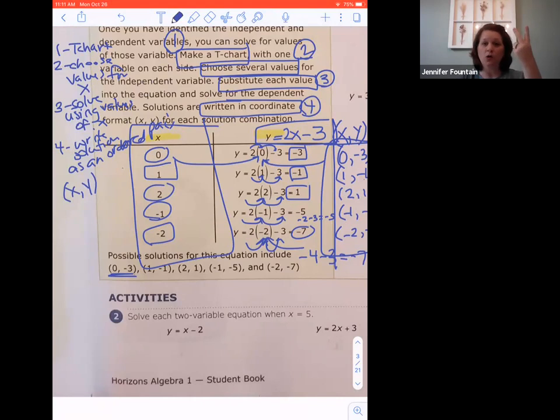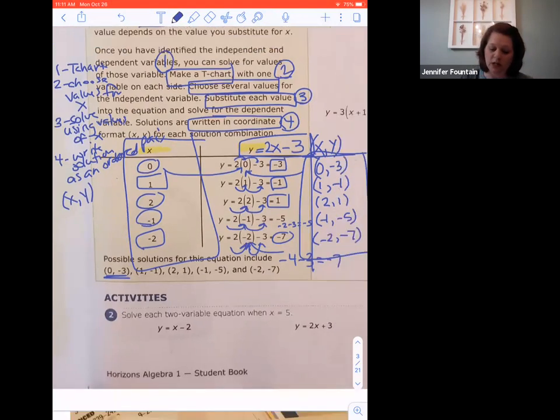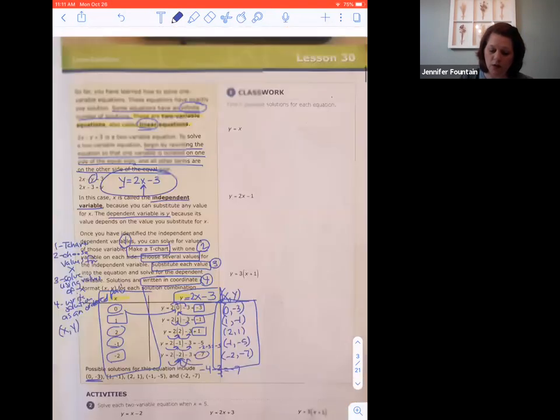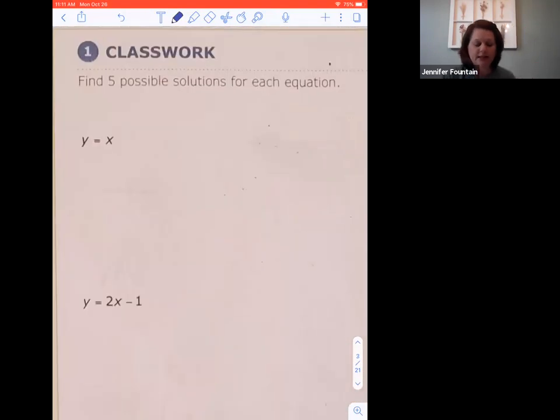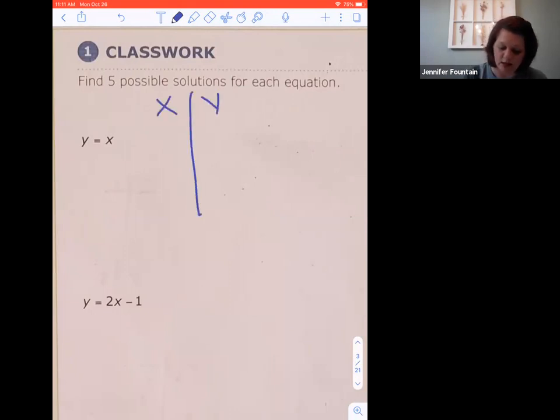So use 0, 1, 2, -1, -2. So that's what we're going to do up here. We're going to be making a chart that gives 5 possible solutions for each equation. Okay. So like I said, I like to set up a 3 column. So I'm going to do x, y equals x, and then I'm going to do my ordered pair x, y.